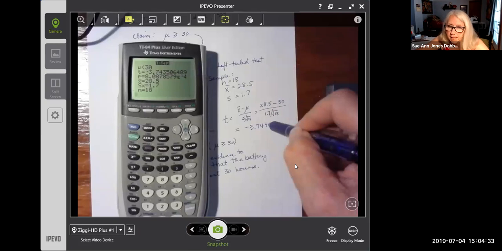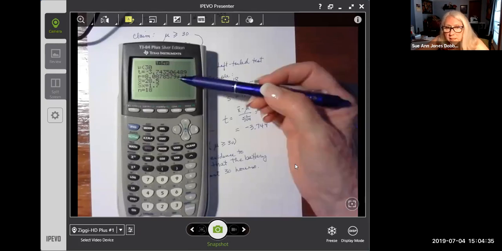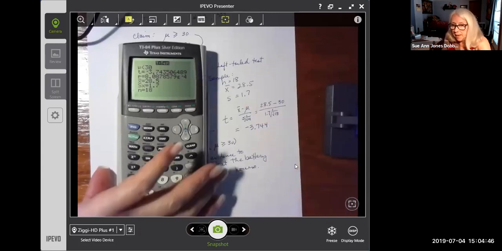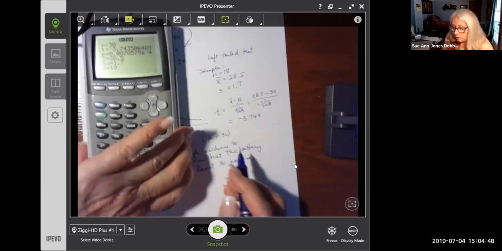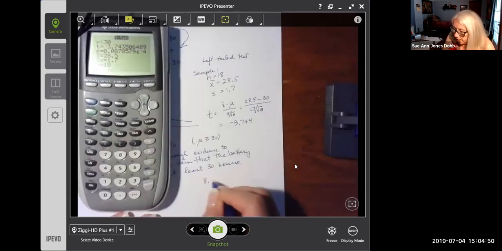Okay? The second one is the p-value, but the thing about a calculator is that it often gives you the p-value as a scientific notation number. So let me say that if you don't already know how to do this, this is a good thing to learn. And I'm not going to write down the whole number. I'm just going to write 8.088. Okay.